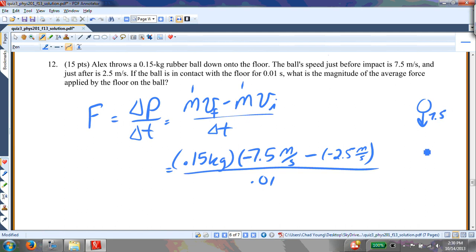So actually this should be a negative value. And then it comes down, bounces back up, and starts going up, so that should be a positive value. Sorry about that.